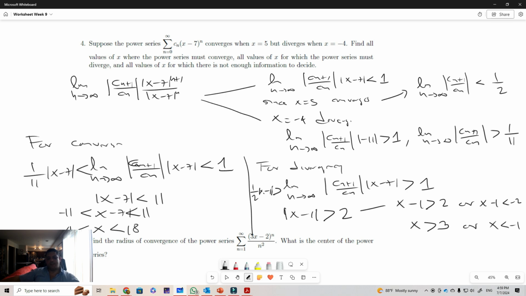But this is some contradictory information here, because I should have some convergency at least up to 5, but this is telling me that it diverges for something that is bigger than 3. So because I know that it converges when x equals 5, I know that it at least has to be from 5 onwards.